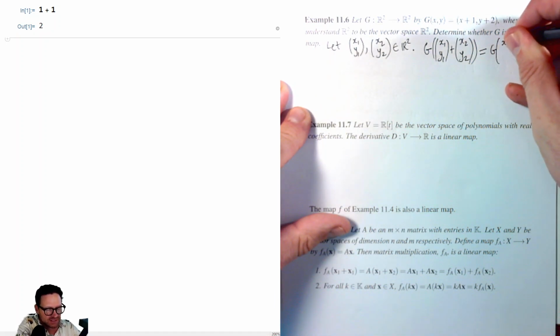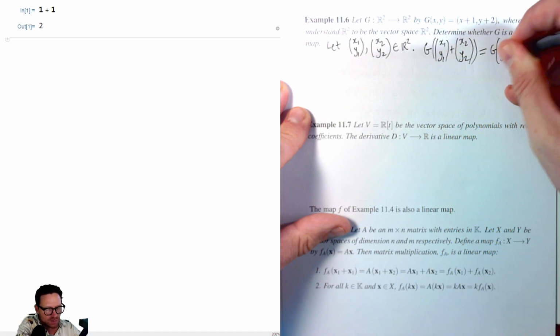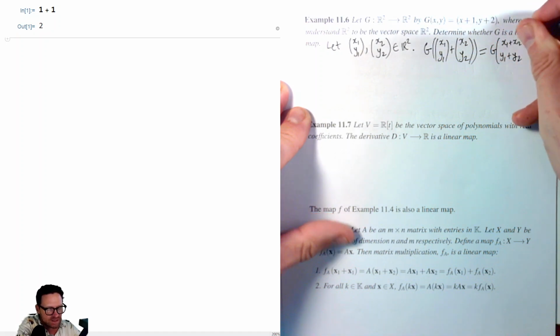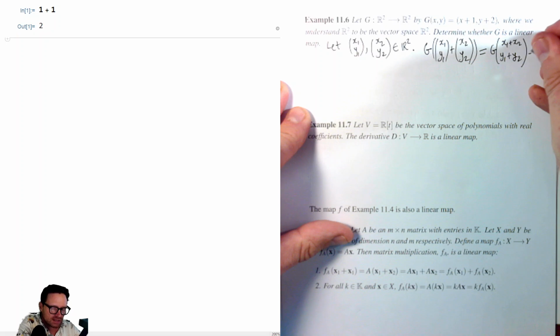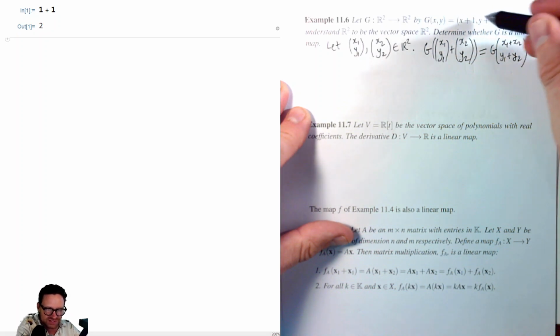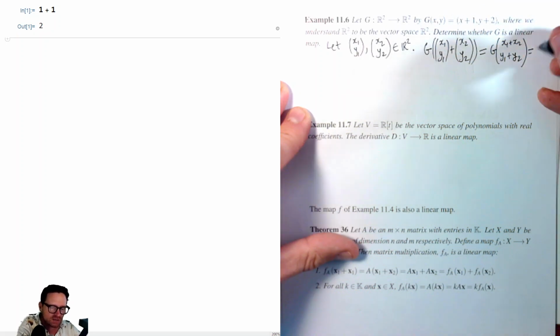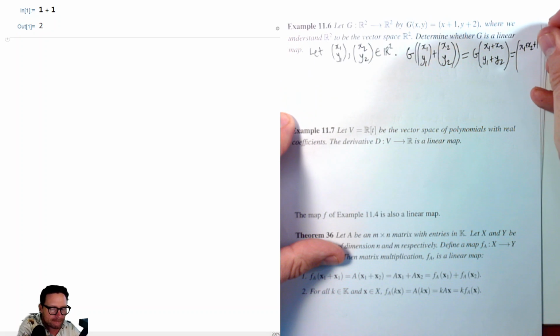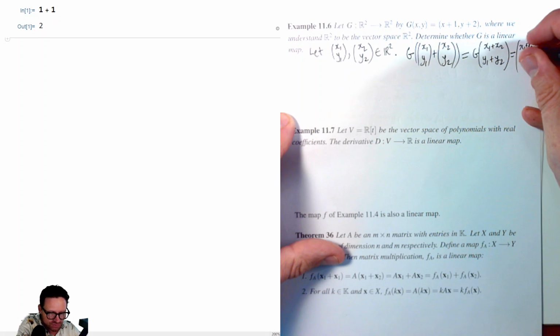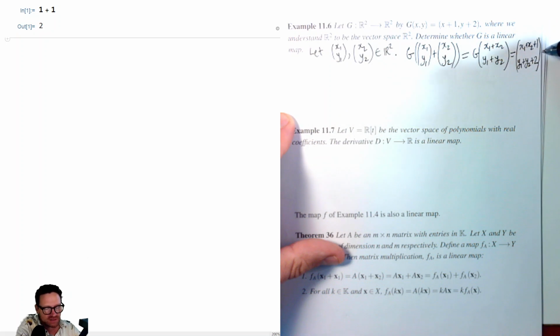We have G of x1 plus x2, y1 plus y2. And so this rule says take the x coordinate, add 1 to it. So x1 plus x2 plus 1. Take the y coordinate and add 2 to that. Okay, so there we have this.